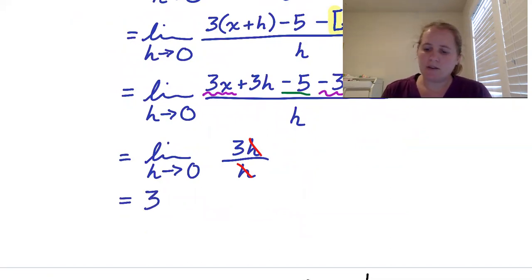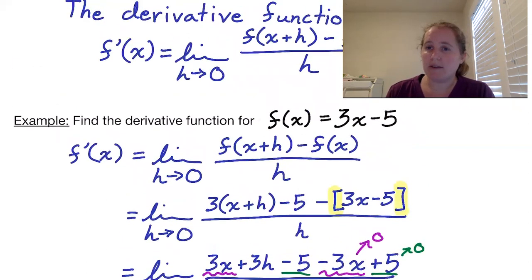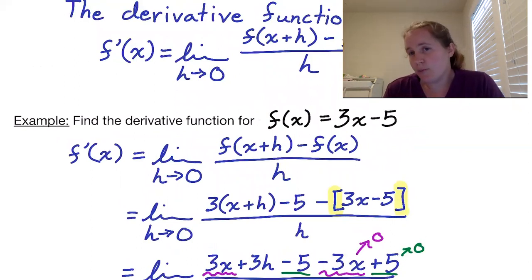Now, if we look back at the original problem, we were looking at f of x equals 3x minus 5, which we know is a line, right? And that line has slope 3 everywhere. So it makes sense that the derivative, which is just the slope at any given point, would also be 3.